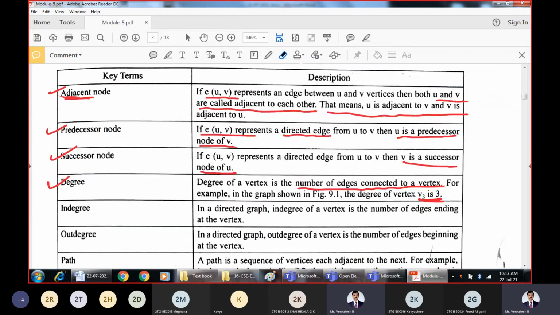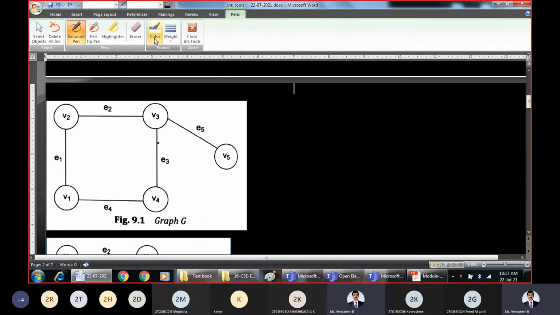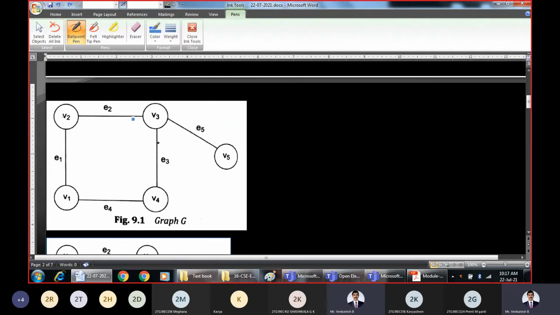In figure 9.1, the degree of vertex V3 is 3. So let us go to figure 9.1. What is the degree of vertex V3 here? How many edges are reaching V3? The number of edges reaching it is 1, 2, and 3.